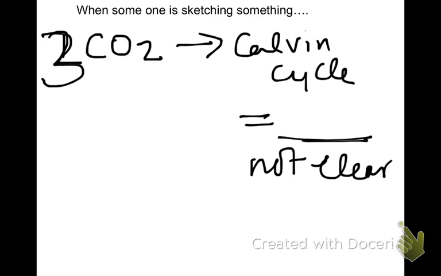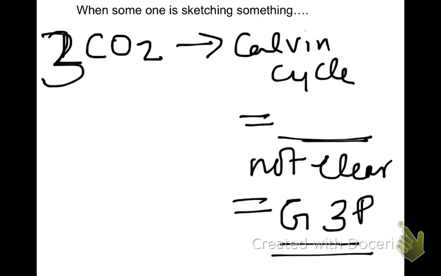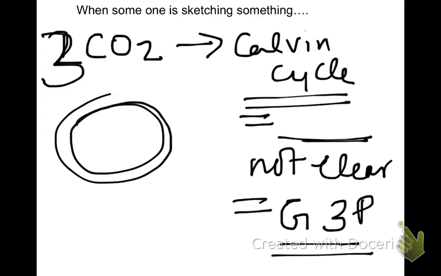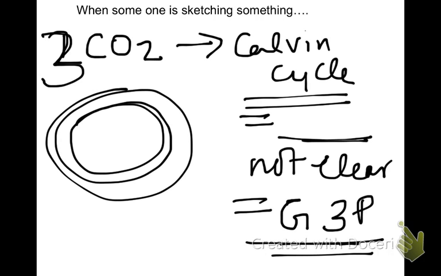The third carbon dioxide gets in, then I get something which I call G3P. So the Calvin cycle has to turn 3 times for me to get a 3 carbon molecule. Now, how many times does it have to turn for me to get a 6 carbon molecule, which is glucose? The answer is I have to turn it 6 times.